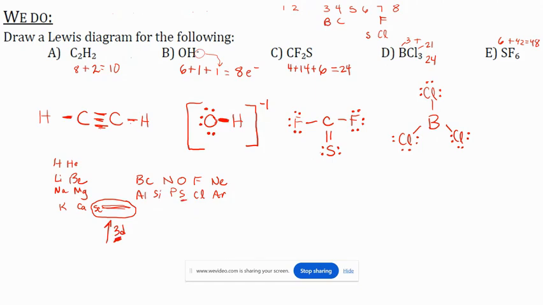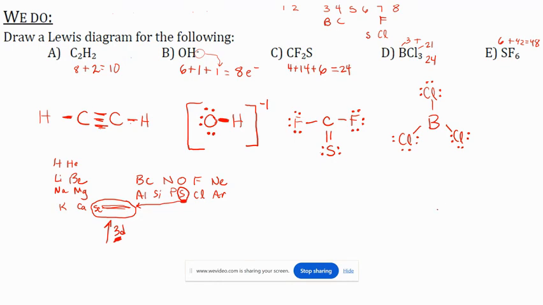What level is sulfur in? 3. So sulfur can actually tap into and expand into this 3D orbital when it's bonding. Anything that's aluminum and higher can expand its octet into the D level. So it can have an expanded octet. We can make it bigger.